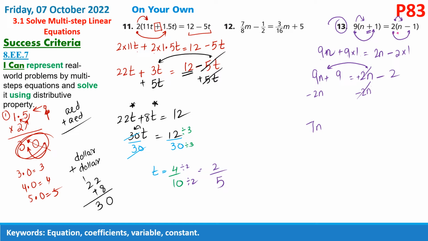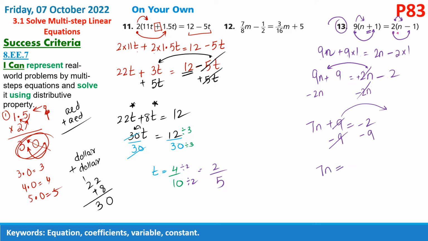Write down what is left, plus 9 equal what is left, minus 2. Okay, now bring this 9 here. So what you will do, if it is here plus 9, you make the opposite, minus 9, and here also minus 9. Why? To cancel this one. What is left?